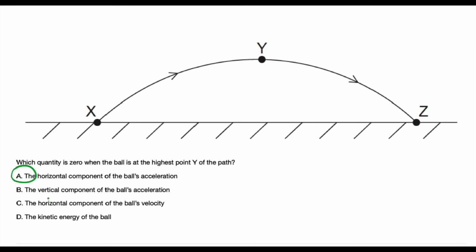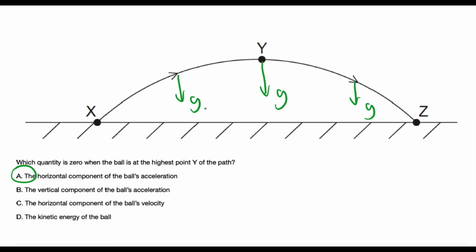The vertical component of the ball's acceleration is always non-zero. In the vertical direction, the object is always impacted by the gravitational acceleration by Earth or by any planet, so its acceleration is always a non-zero value.